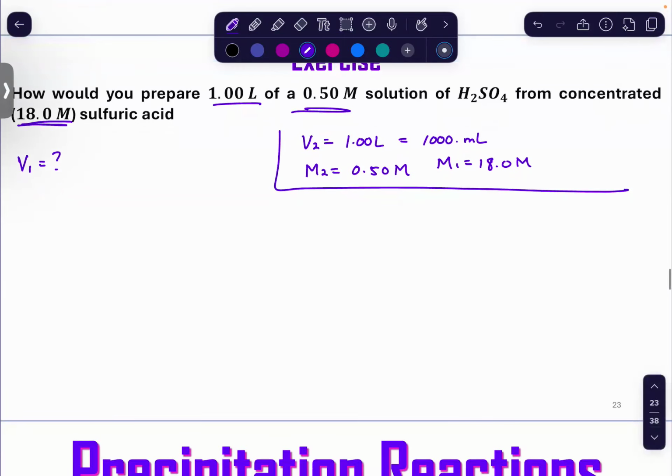This time, our theorem, M1 V1 equals M2 V2. V1 is going to be M2 V2 divided by M1. And now we can plug in numbers since we've done our little bit of algebra.